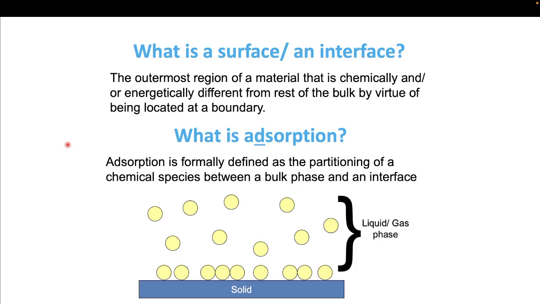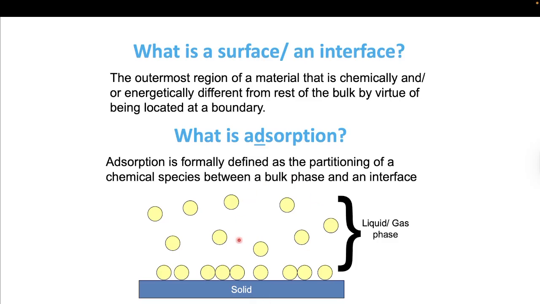So what is adsorption? It is defined as a partitioning of a chemical species between a bulk phase and an interphase. So always remember, adsorption is a surface phenomenon. It could be permanent or temporary depending upon what kind of species is adsorbing to the surface.